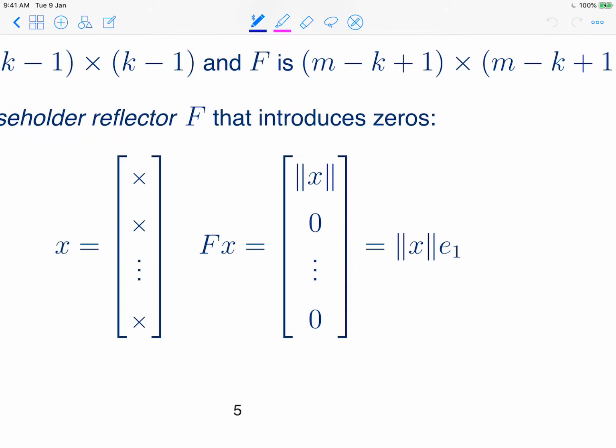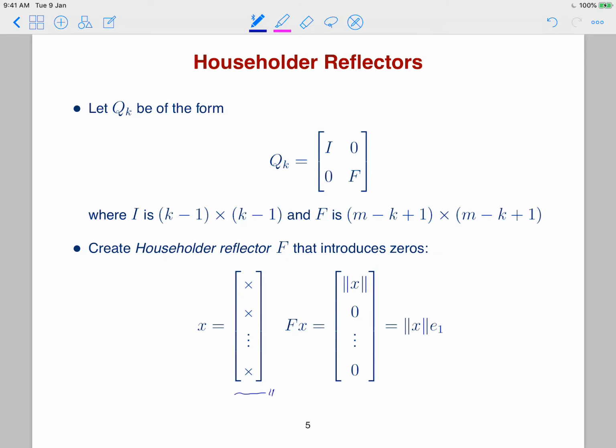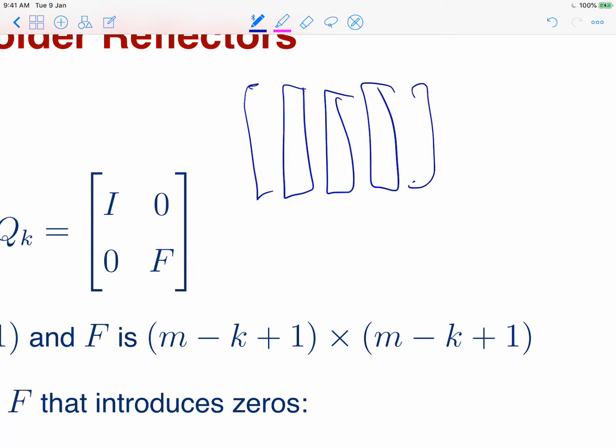Yep. So given an arbitrary vector x, if we are given three column vectors in our original matrix, and then when doing the QR decomposition, we need to compute this orthogonal matrix Q and upper triangular matrix R, right?